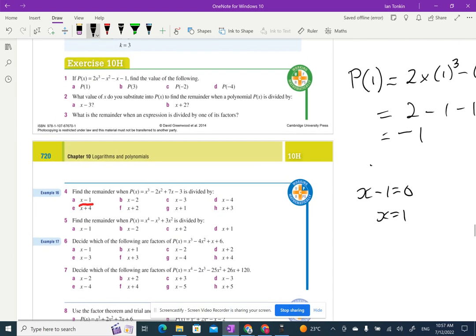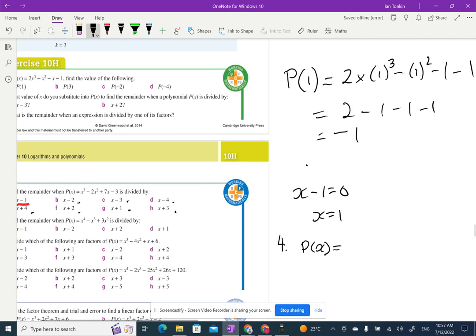I'll take it over the other side. So here you're going to substitute 1. Here you're going to substitute 2, 3, 4, -4, -2, -1, -3. It's that easy. So in question 4, I'm going to write what p of x is first: x cubed minus 2x squared plus 7x minus 3.